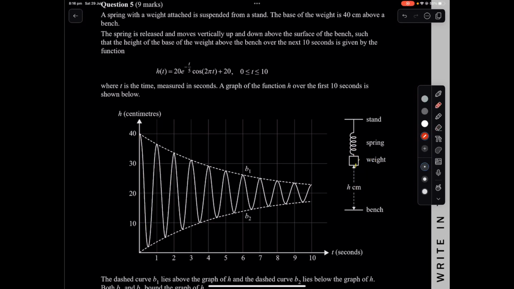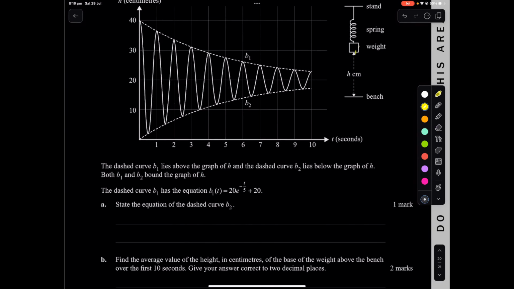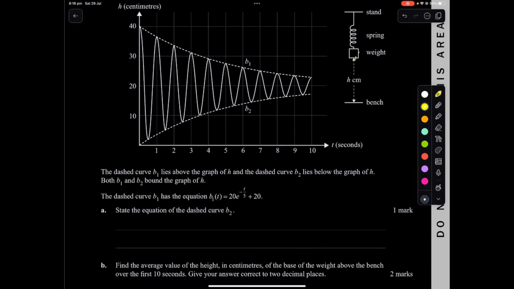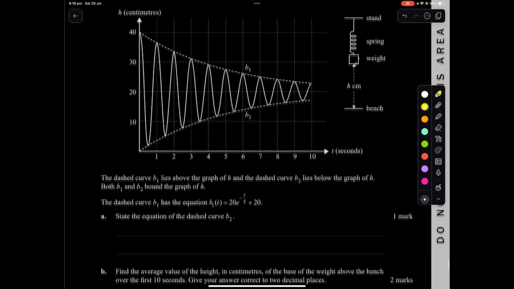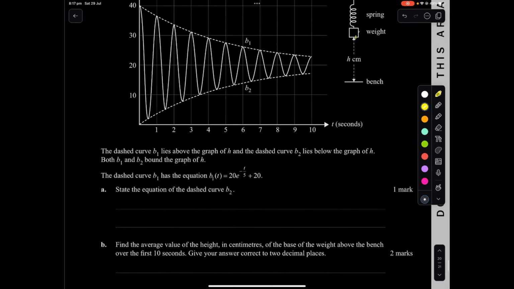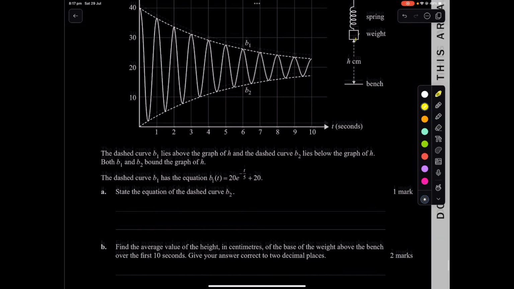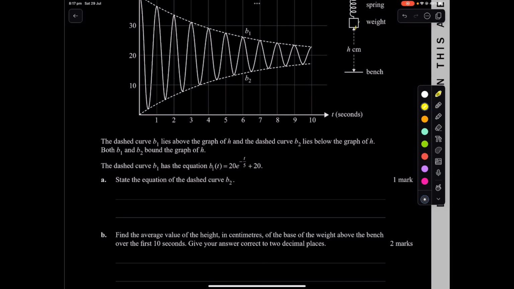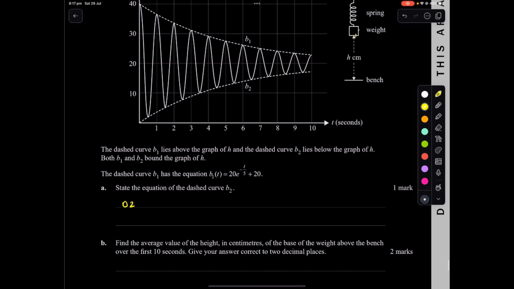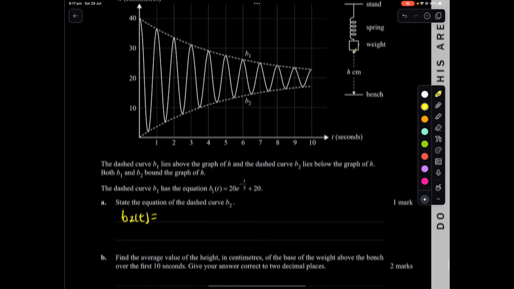The dashed curve B1 lies above the graph of H, and the dashed curve B2 lies below H. Find the point B1 and B2. Okay, state the equation of B2. So B2 of t is equal to what?